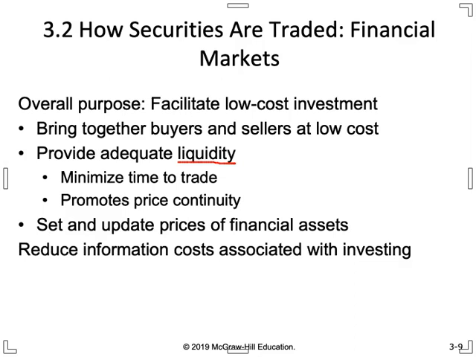So if you want to buy shares, there are sellers available. Also, the scale of financial markets creates low cost. The cost of trading has been declining for decades. It continues to get lower and lower, even down to zero on some platforms for small trades, like Robinhood.